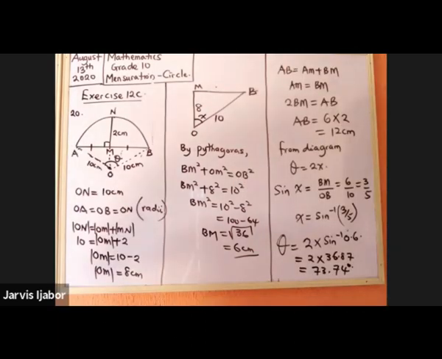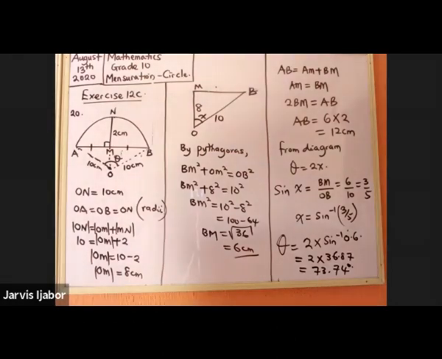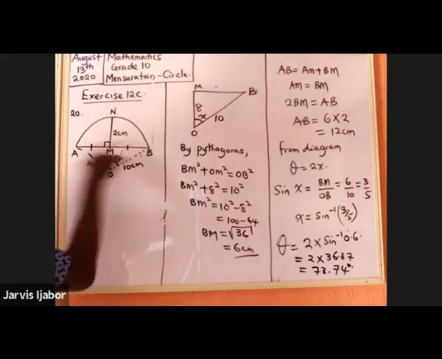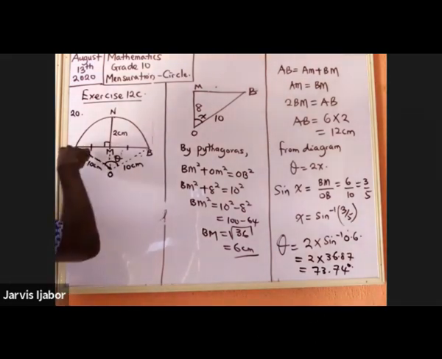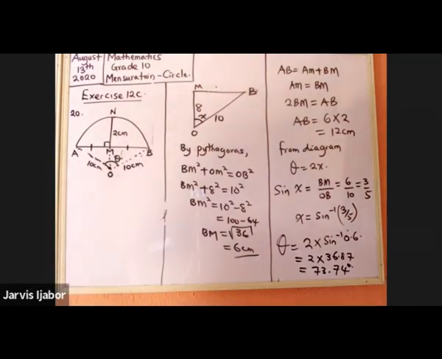Okay, so that settles that one. So we come to the next question, the difference between AB and the arc. What they are saying now is AB is a chord, and arc AB is an arc.